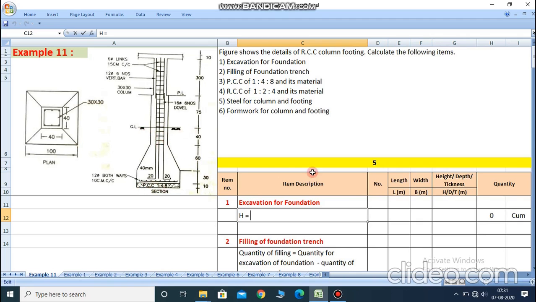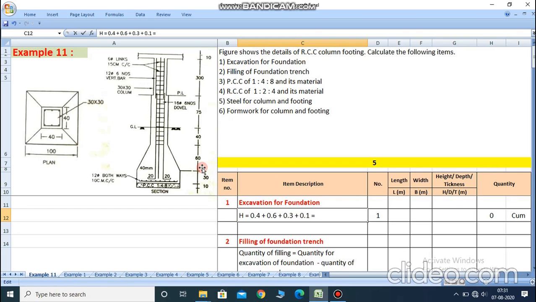Here only one column is provided, so write 1. Then for finding out the height of the excavation, first we sum 0.40, converting into meter, 0.4, plus 60 means 0.6, 30 means 0.3, plus 10 means 0.1.